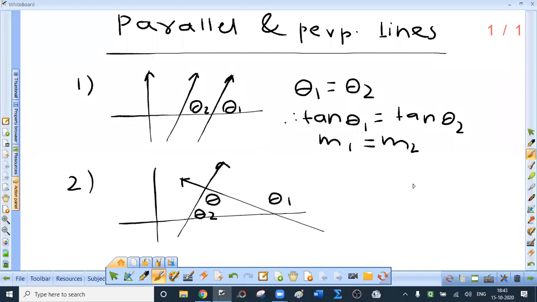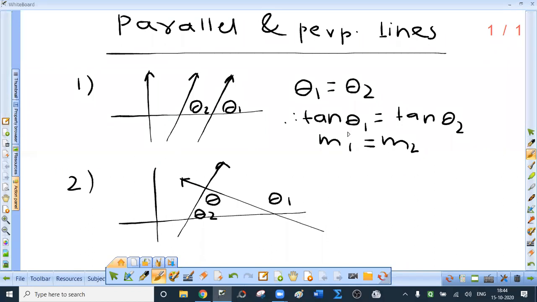Now we will discuss parallel and perpendicular lines. We will prove that parallel lines have the same slopes and the product of slopes of two perpendicular lines is minus 1. This is interesting. See, these are the two parallel lines. If their inclinations are theta 1 and theta 2, then clearly theta 1 equals theta 2. So tan theta 1 is tan theta 2. That is m1 equals m2.